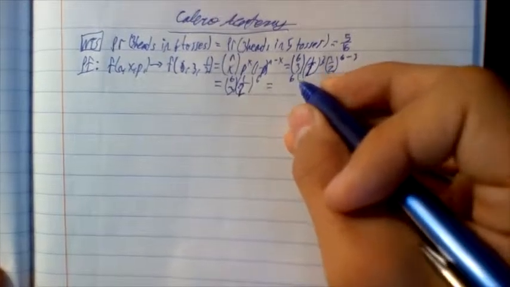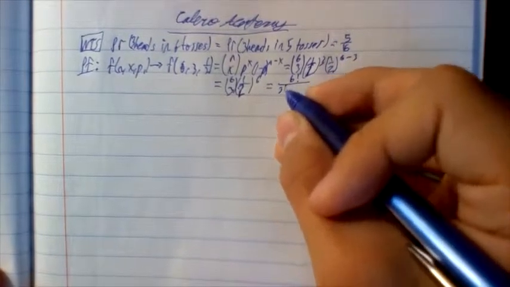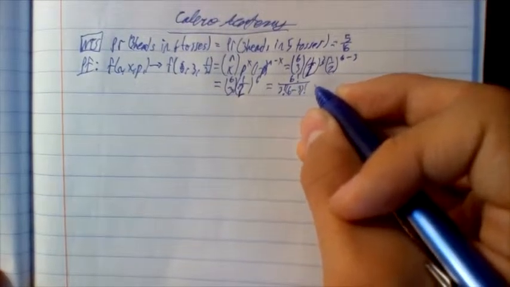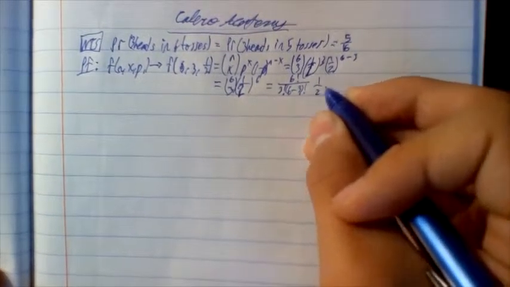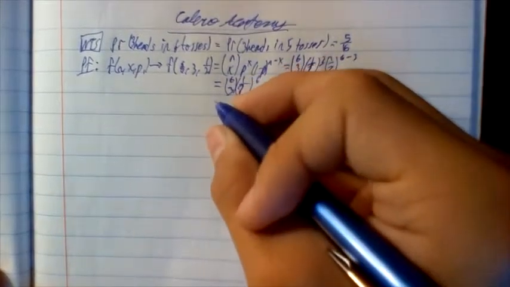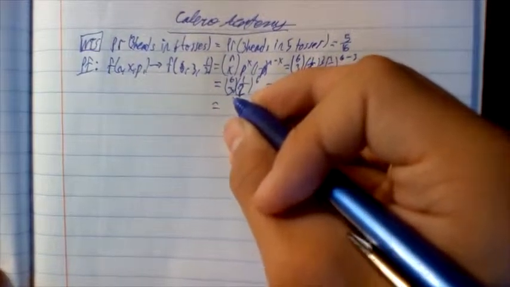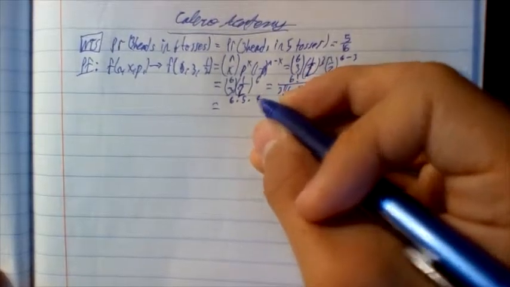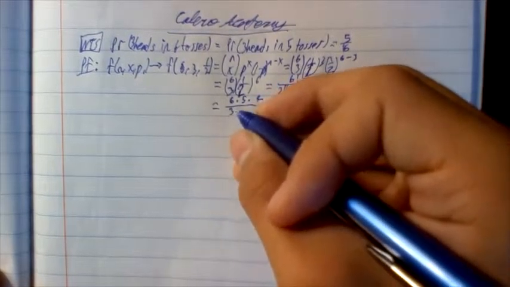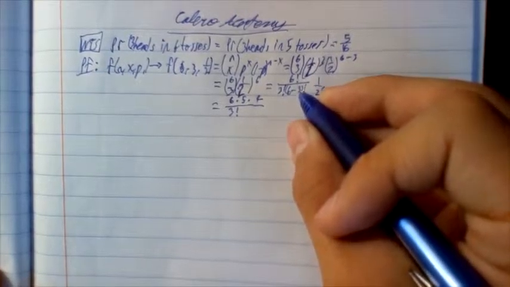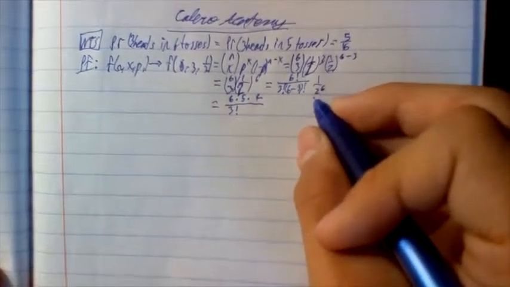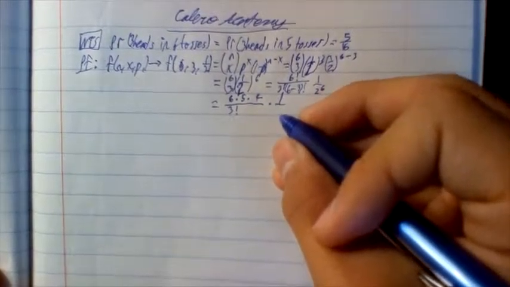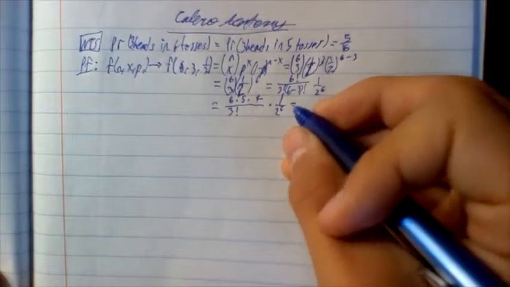This is going to be equal to 6 factorial on 3 factorial times 6 minus 3 factorial times 1 on 2 to the power of 6, which is equal to 6 times 5 times 4 divided by 3 factorial, because 3 factorial over here gets rid of the 3 times 2 in the 6 factorial. So this is times 1 on 2 to the power of 6.